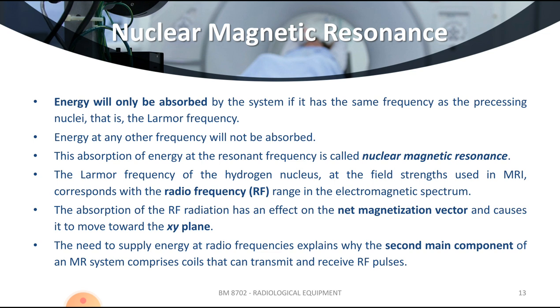Basically when the atom is rotating around the axis and we apply a radio frequency pulse, it shifts 90 degrees and then again it comes back to the equilibrium position. So this change in the frequency, change in rotation, change in axis, all these things contribute to the imaging contrast in your MR systems. You would have seen all these things in the brief history of MRI video, right? I have shared that already. In that you can clearly see how the atom and its rotation is changing with respect to the change in magnetic field.